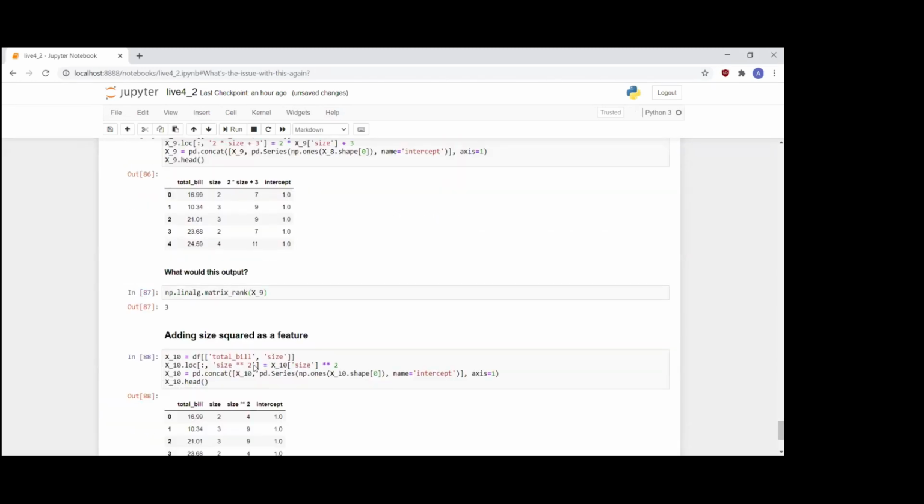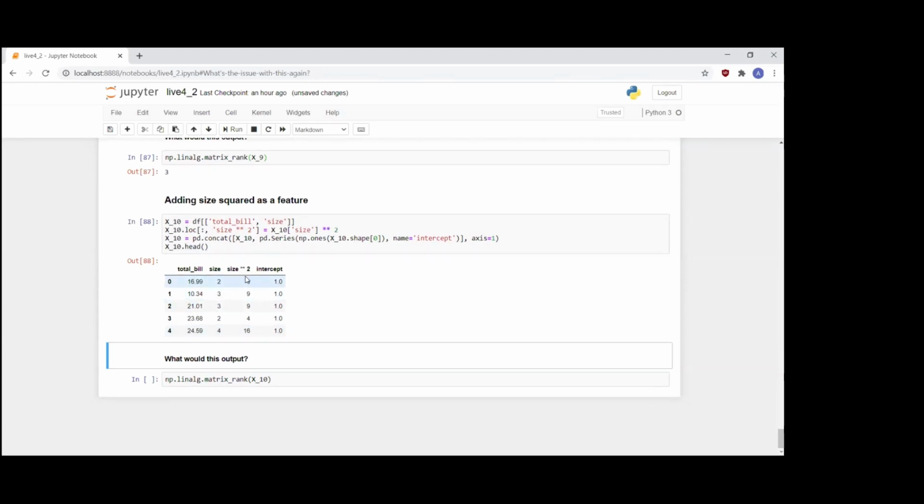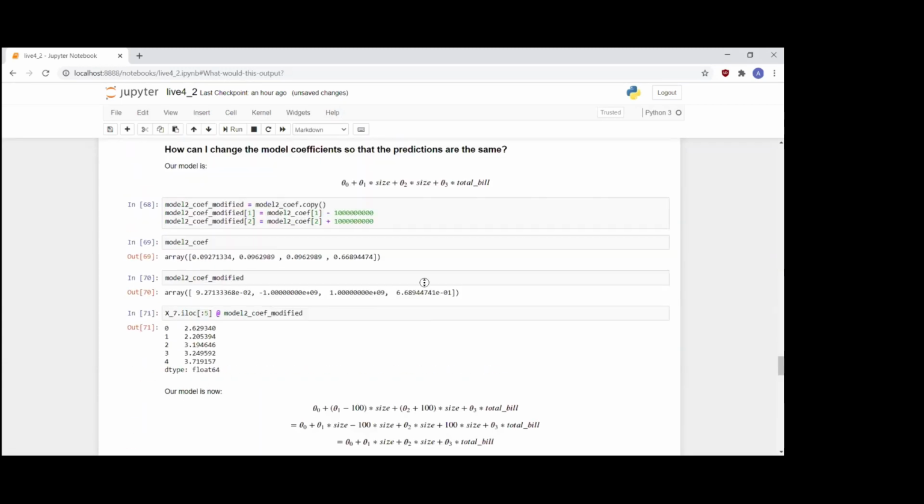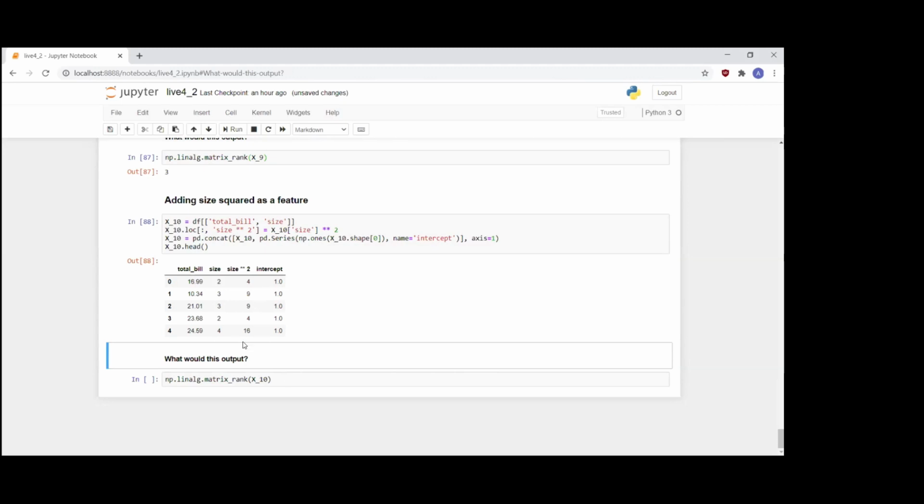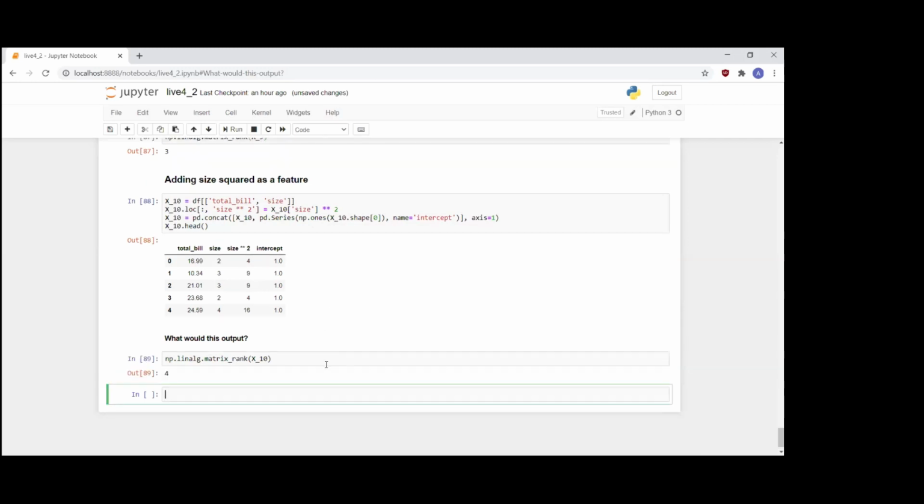And then I can add size squared. So instead of 2 times size or 2 times size plus 3, I can add size squared as a feature as well. What do you think this would output if I add size squared as a feature? Would it be 3? Would it be 4? Would it be 1, 2? Yeah, so it's 4 because now there's no linear relationship between size squared and the intercept.